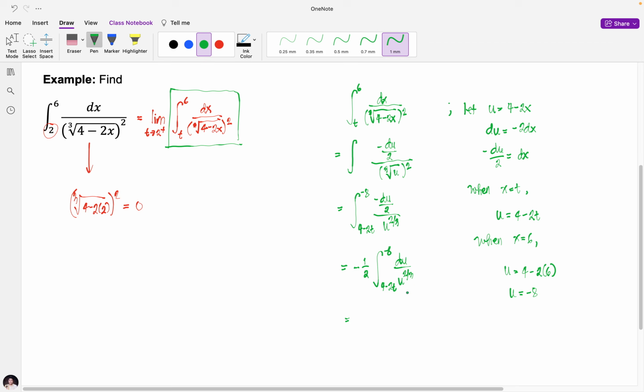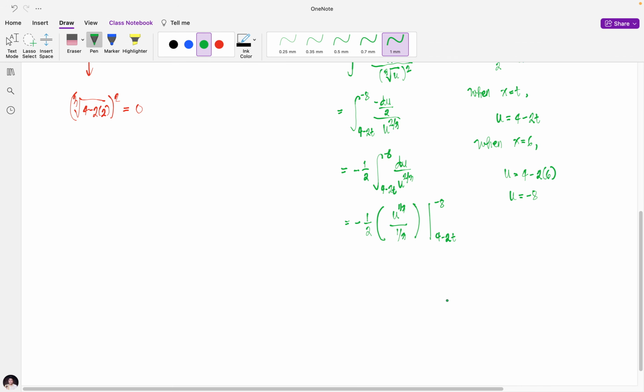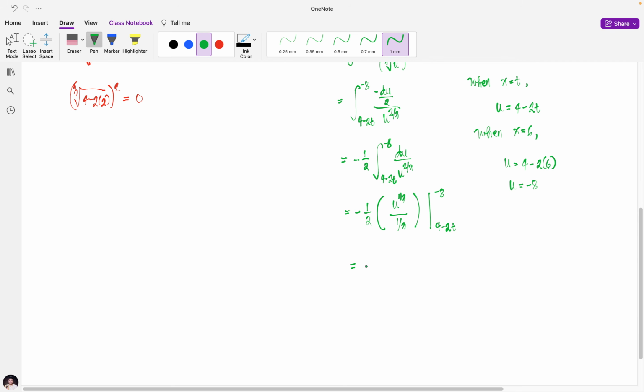The integral of this is u to the negative 2/3, and raising the power by 1, that is 1/3 over 1/3. So we have negative 3/2 times u to the 1/3 evaluated from 4 minus 2t to negative 8.